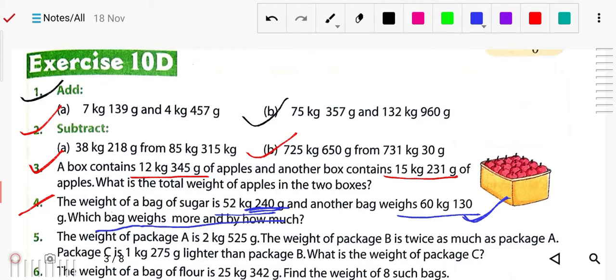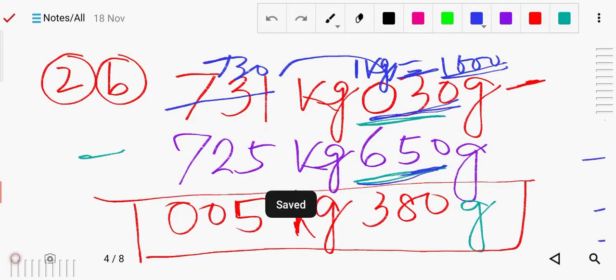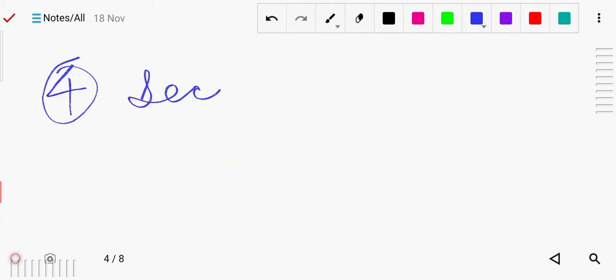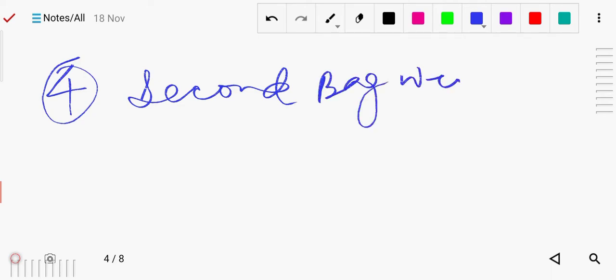Okay, so let's do question number 4. So first answer you can write: the second bag weighs more. Okay, now by how much? So we have to find the difference of the weights.